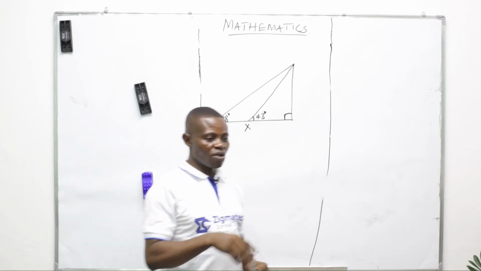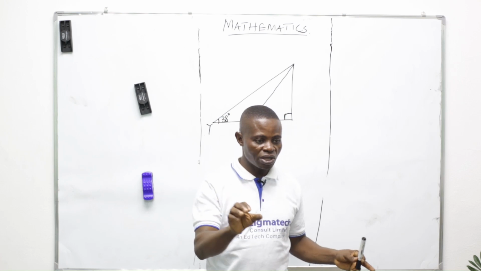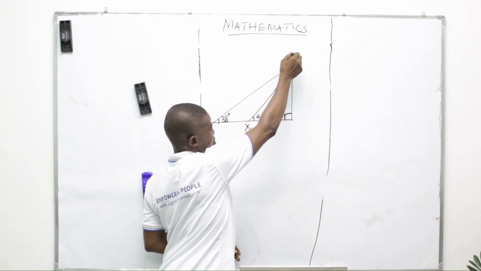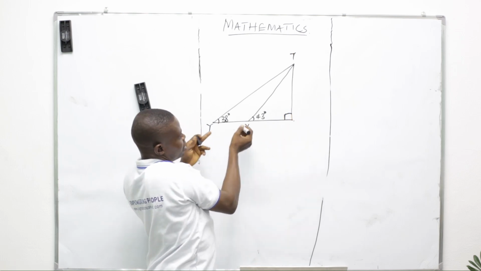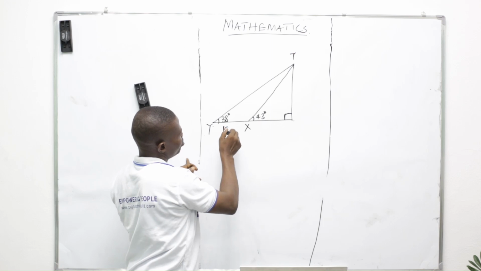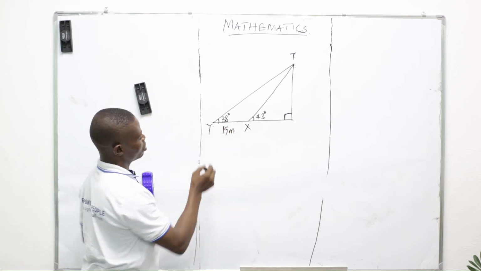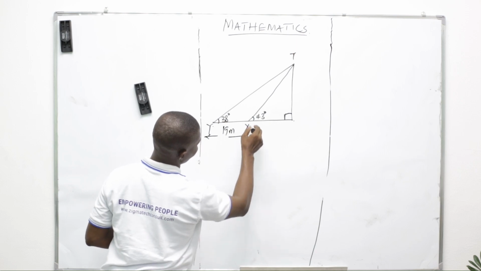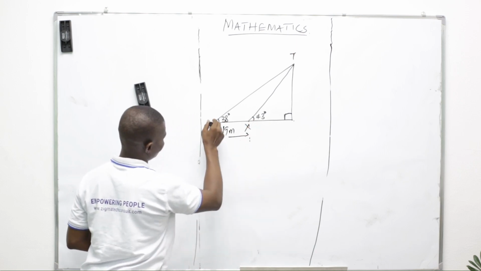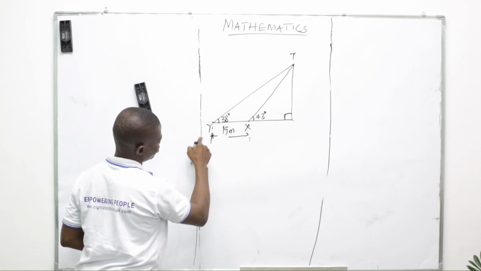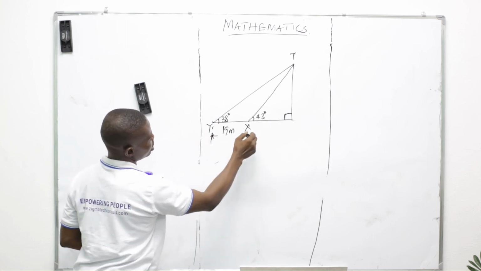Now the points S and Y, 19 meters apart on the same side of a tree. If this guy is the tree, like this, they are on the same side. Look at Y, look at S, 19 meters apart. The distance from here to here, both of them, 19 meters apart.